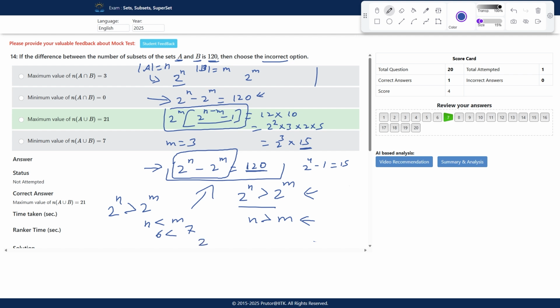Then can we have 2 raised to the power n greater than 2 raised to the power m, where n is 6 and m is 7? No, because 2 raised to the power 6 is not greater than 2 raised to the power 7. I hope from this example it is clear. In order to have this, I must require n greater than m, as both n and m belong to natural numbers. This is only true when you have this. Is it clear or not clear?